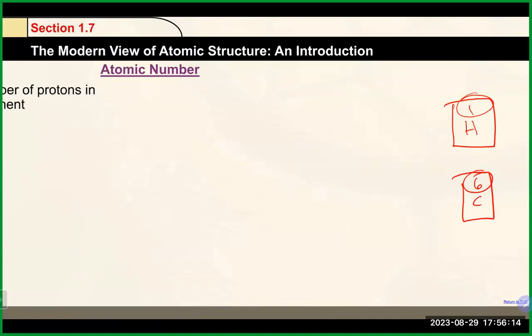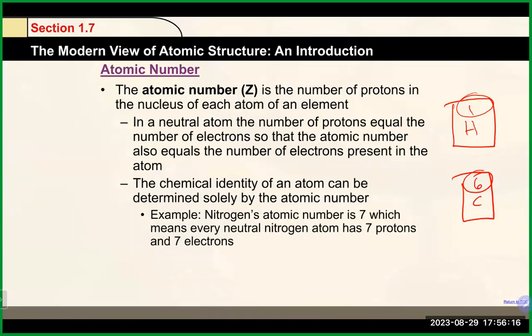If you know the atomic number, or the number of protons, which is essentially the same thing, you'll know exactly what element you're dealing with. If you are ever given the number of protons or the atomic number, you could simply go to the periodic table and find the atomic number that matches, and you'll know what element you are dealing with. For example, nitrogen on the periodic table has a 7 above it, which is its atomic number.